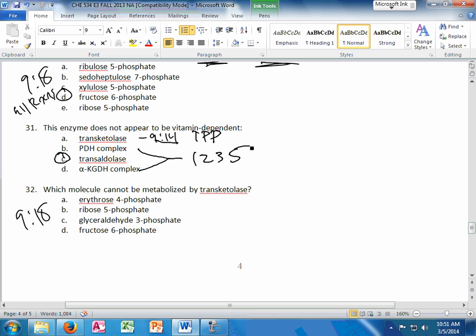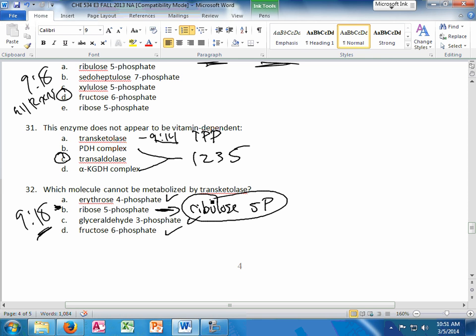This molecule cannot be metabolized by transketolase. So if you look at all the reactions again, these can be. His answer key says this one, but I think ribose 5-phosphate can be metabolized by transketolase. I think what he meant to say was ribulose 5-phosphate.